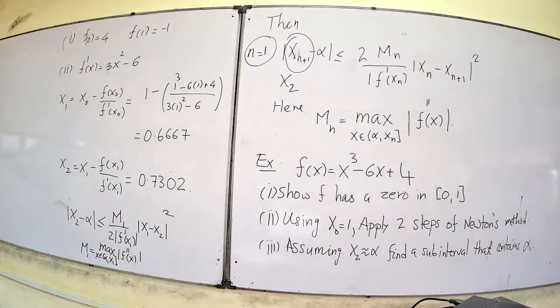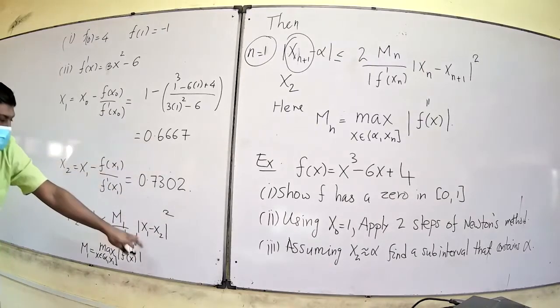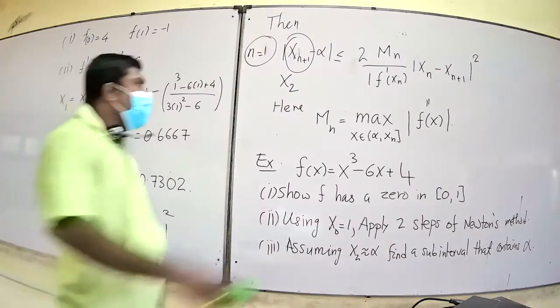That is the only thing you have to find, because f prime you know. So putting x1 in f prime, you must have known this from here. Right? So that's clear. X1 you know, x2 you know. So you can subtract and take the square. Only thing is you want to find m1. m1 is the maximum.